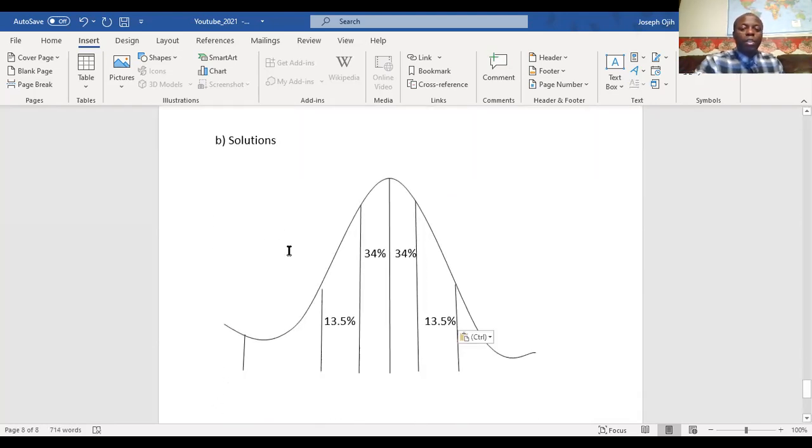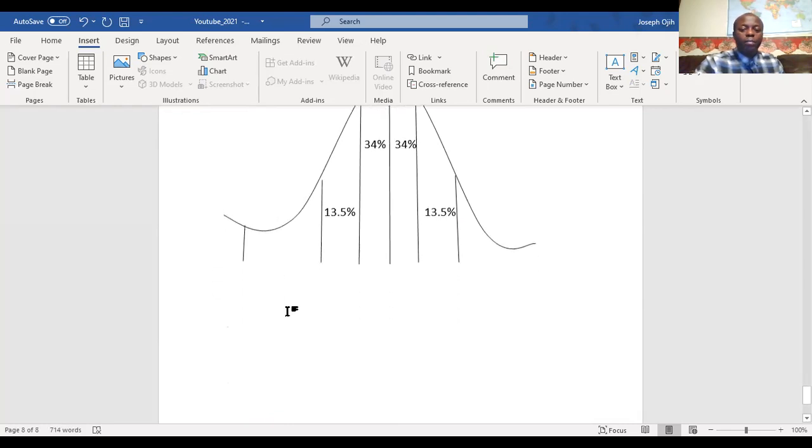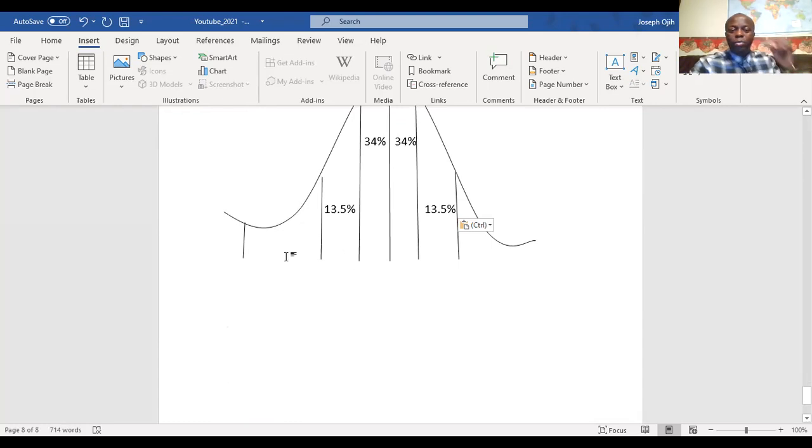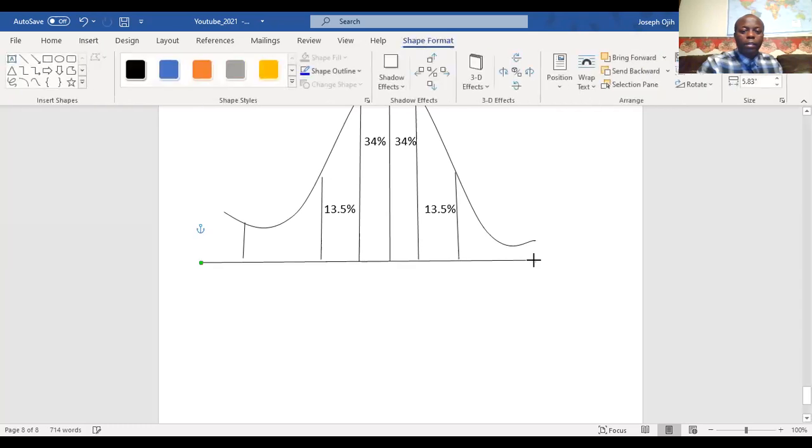So you copy and paste some of the things here. Like I say, this is set in stone, so I'm going to just put the lines here. Good.